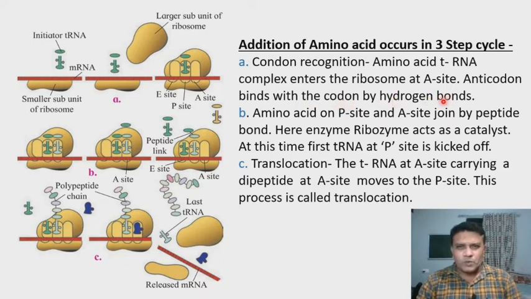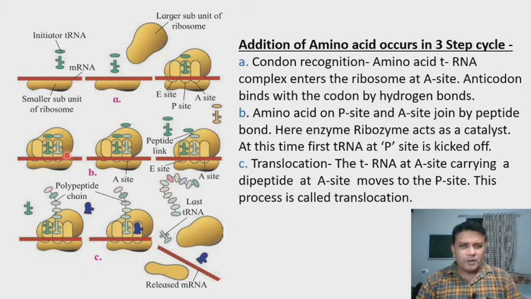bonds. So here we can see that the amino acid tRNA complex enters the A site and the anticodons present on this transfer RNA join or bind to the codons present on the messenger RNA with the help of hydrogen bonds.